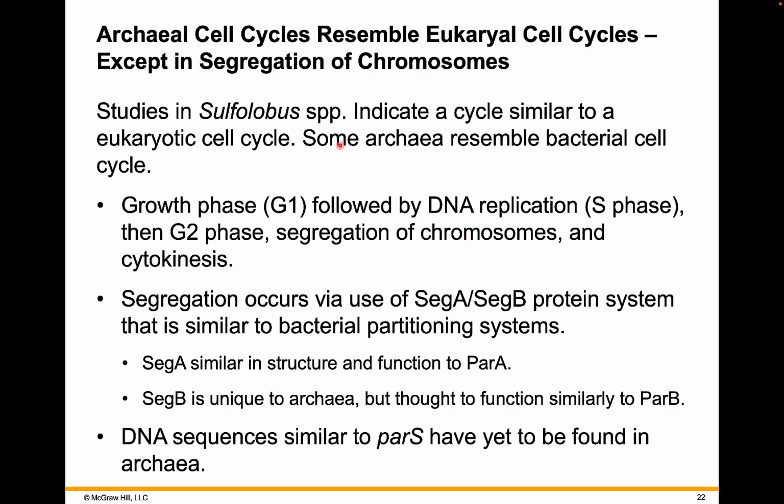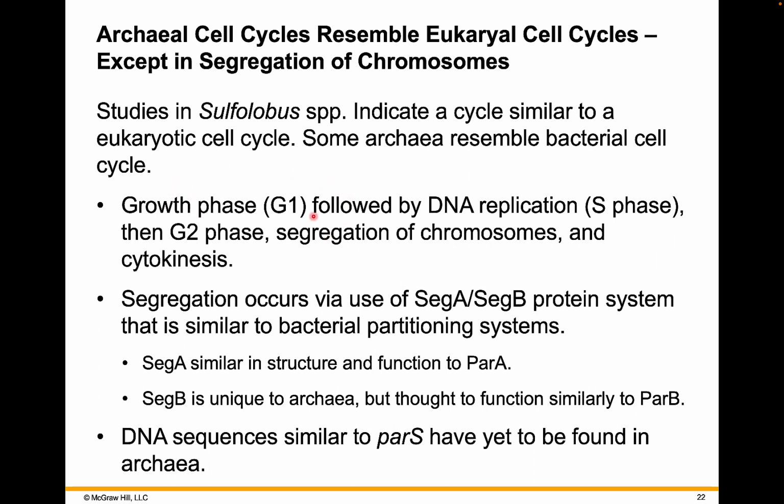Studies of Sulfolobus species indicate that they have a growth phase, G1, followed by DNA replication, the S or synthesis phase, followed by a G2 phase, which is segregation of the chromosome, followed by cytokinesis.